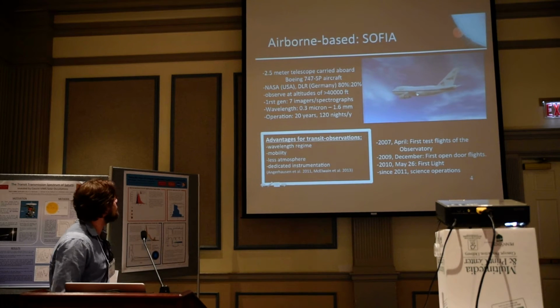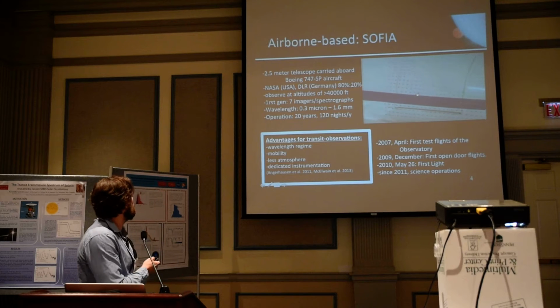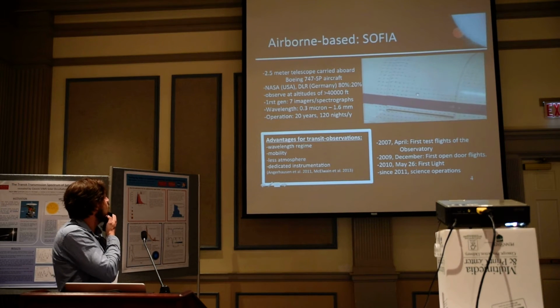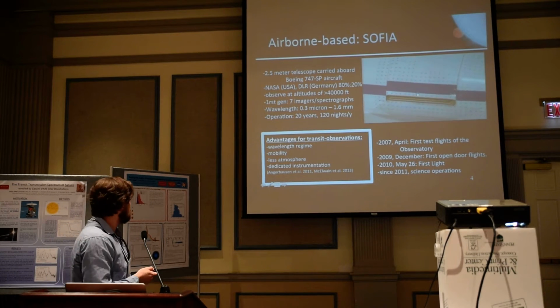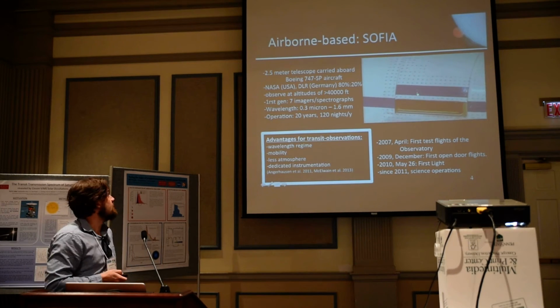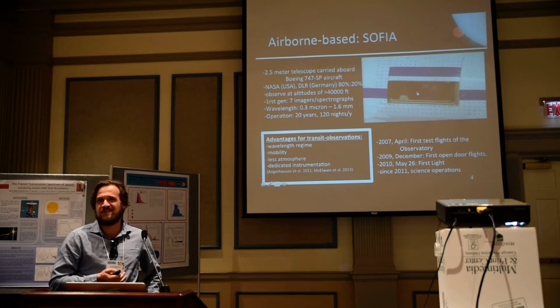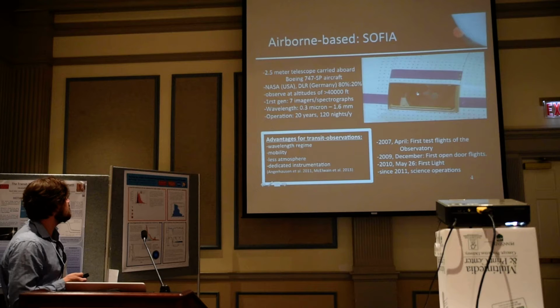Okay, so let's talk about SOFIA. SOFIA is a telescope on a plane, a 2.5-meter telescope carried on a Boeing 747 SP. It's a joint project of NASA and the German space agency DLR. It usually observes at altitudes of about 40,000 feet, so slightly higher than commercial airplanes.